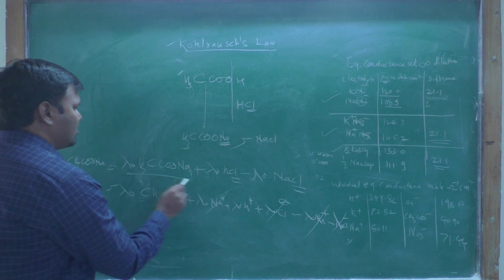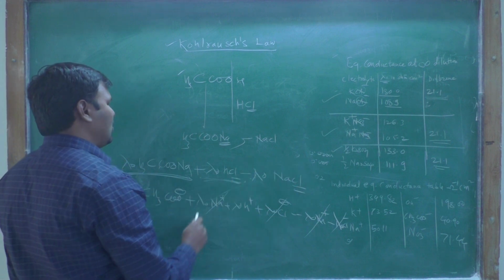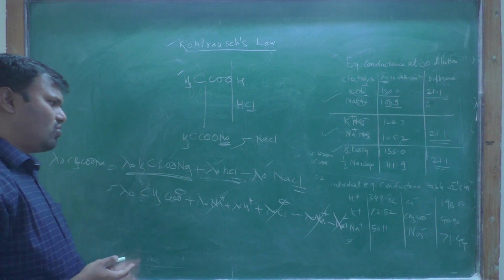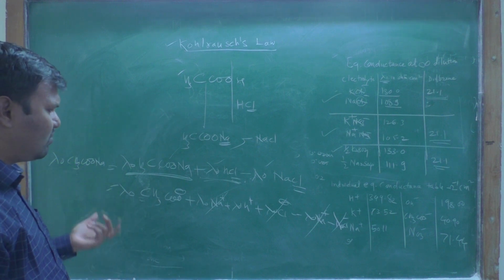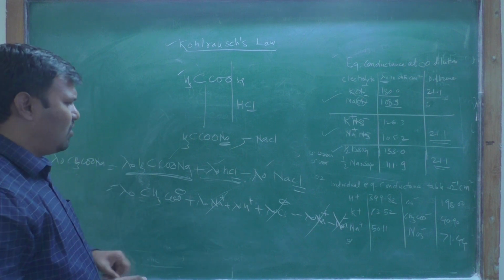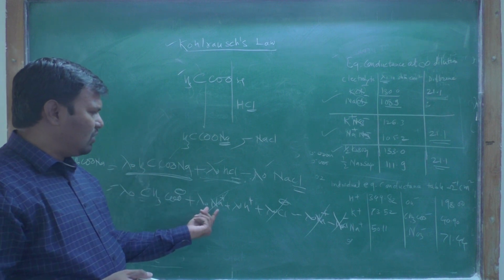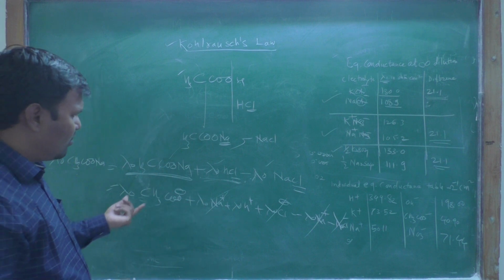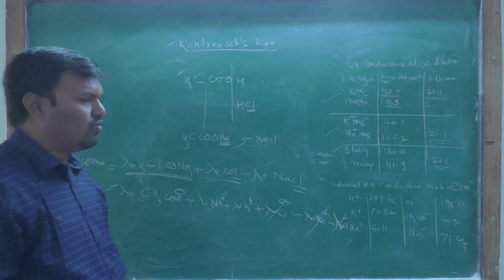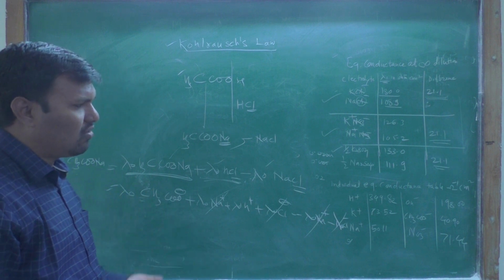All these are strong electrolytes, for which lambda 0 values are available, but weak electrolytes do not have them. So you add the CH3COONa value and the HCl value, and subtract the NaCl value, to obtain lambda 0 for CH3COOH, a weak acid.